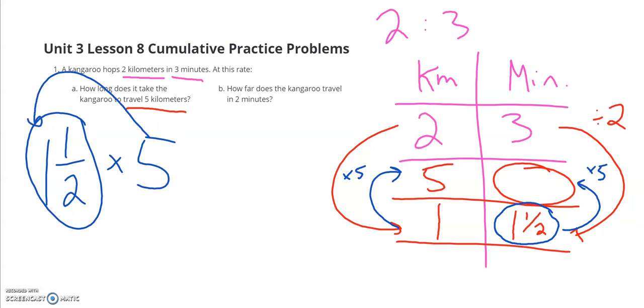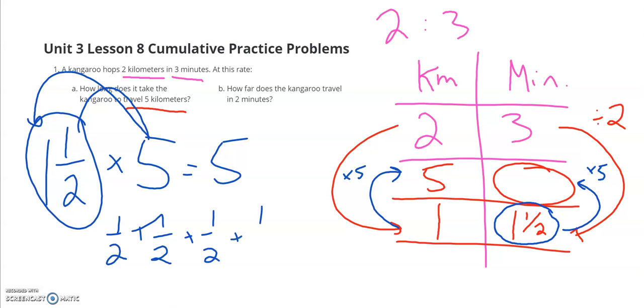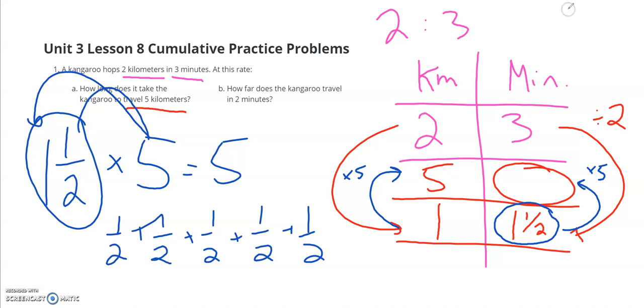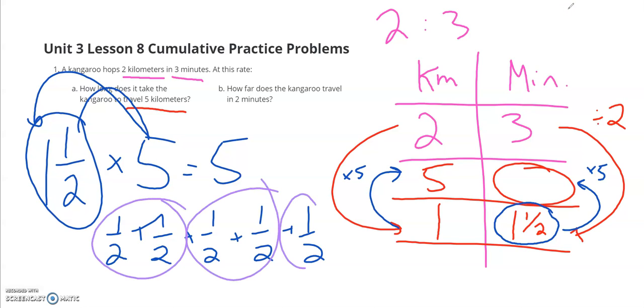We can do 5 times 1 is 5. And then we're doing 5 times a half, which is a half plus a half plus a half plus a half, 5 times. I know that 2 halves make a whole. This is 1 whole, 2 wholes, and a half.